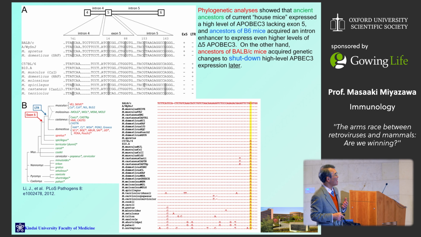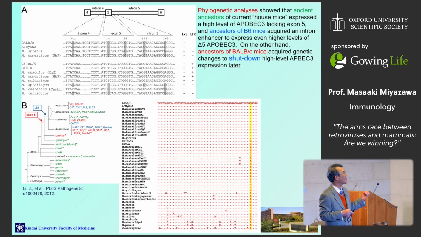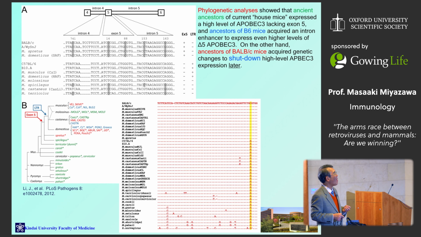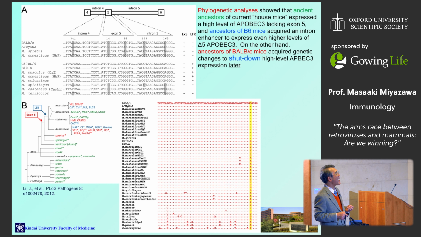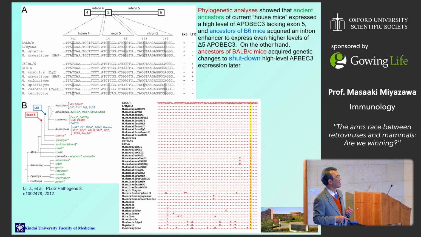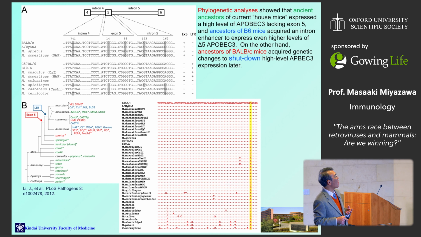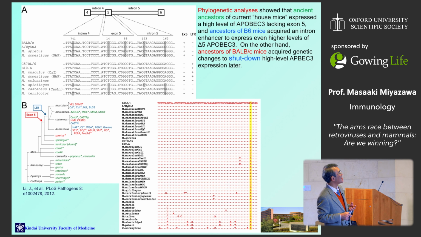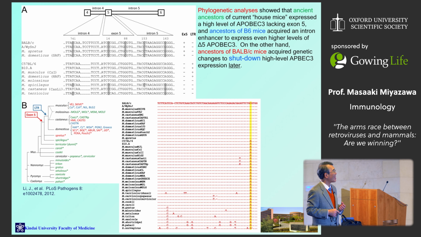This is a phylogenetic tree, and what we found was that ancient ancestors of current mice were all possessing this high expression associated genotype. Okay, they all had this G here instead of the susceptibility-associated C.